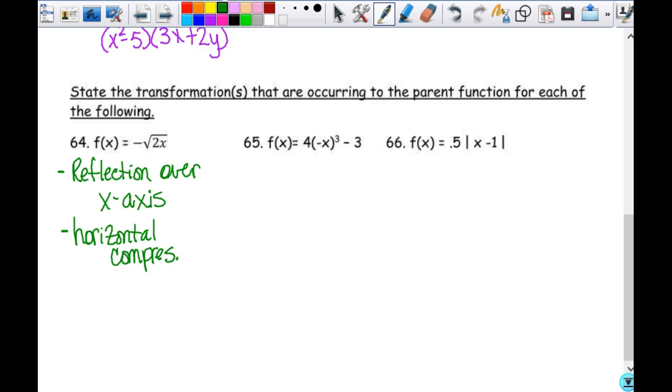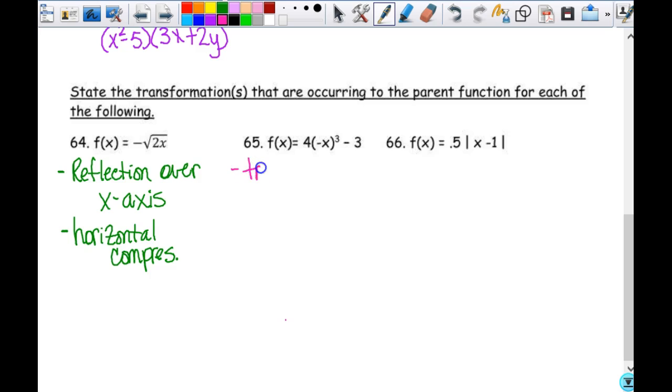Okay, so then on this one here, we have a reflection over the y-axis and a translation 3 down. All right, so let's write some of that.